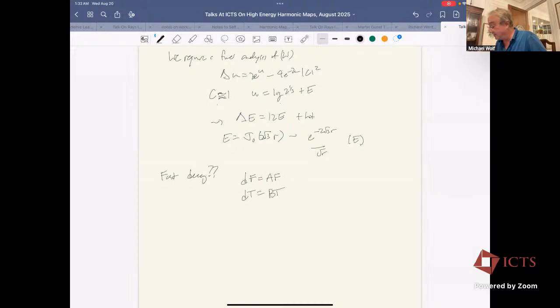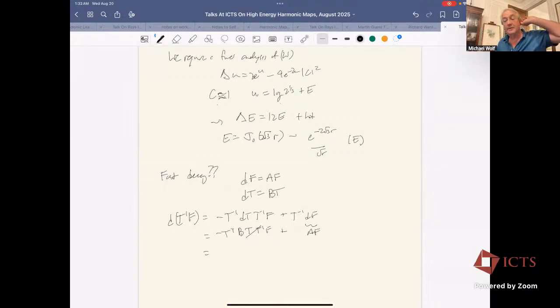So if I want to compare my frame to the Tzitzeica solution, I want to look at T inverse F. So I take d of this, and we do the chain rule, and I get a minus T inverse dT T inverse F, and then a T inverse dF. But this is AF, and dT is BT. So I solve the T inverse dF, the minus T inverse this. This cancels.